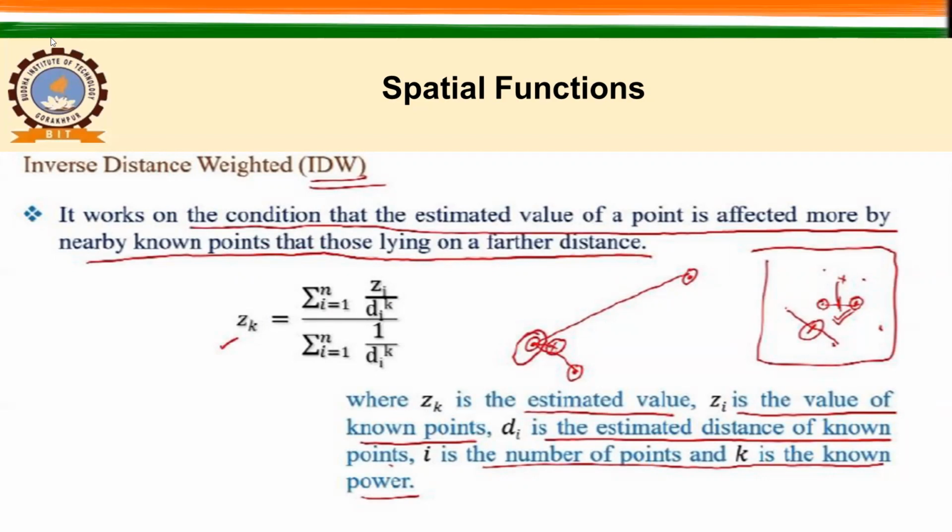Here you can use this particular equation to calculate the inverse distance weighting, where Zk is the estimated value, Zi is the value of known points, Di is the distance of known points, i is the number of points, and k is the known power.